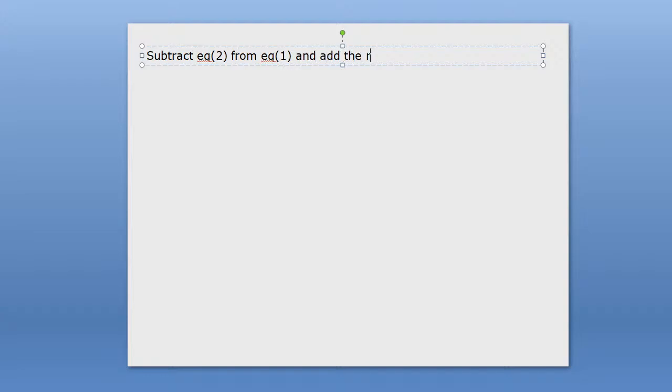Let me write it. To solve these equations, subtract equation 2 from equation 1 and add the result to equation 3.